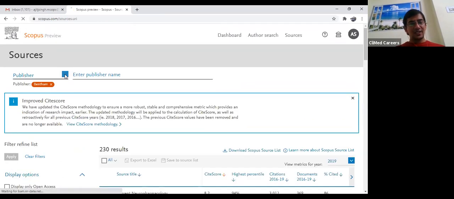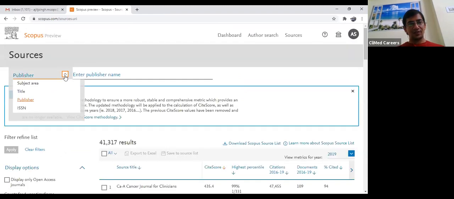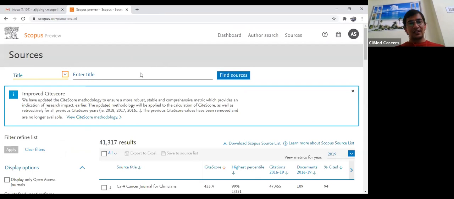And the next very best part, if you want to search by journal name, if you have the ISSN number, you can search. If you are searching with the title, you will get everything by journal list, also by publisher, by ISSN, you will get the name of the journal, and you can see everything there. I'll show you how to go for that.